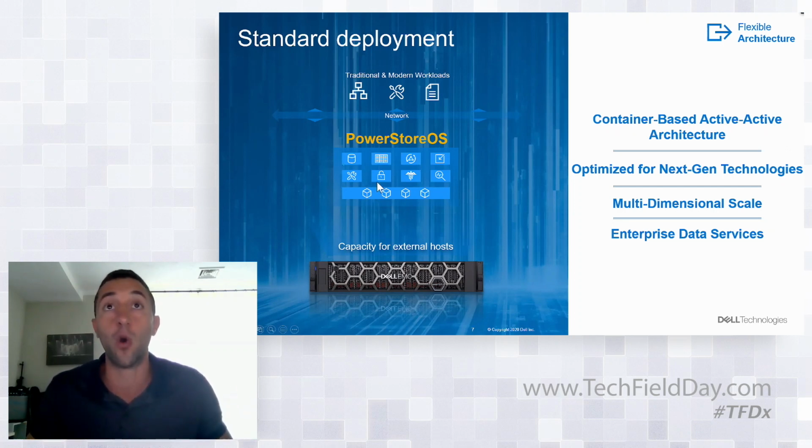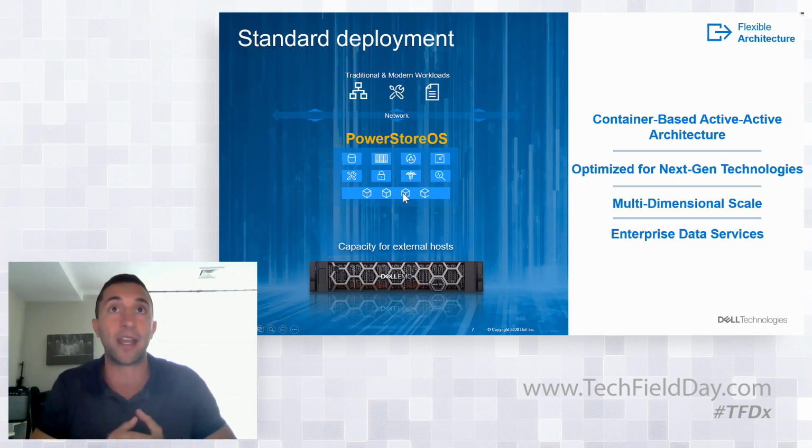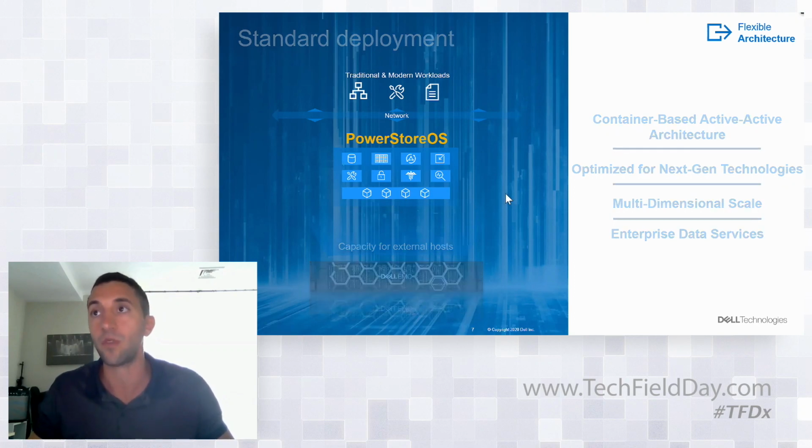The PowerStore OS, which is the brain of PowerStore, runs active-active on each of the two nodes, providing all the storage services that PowerStore provides, which is a container-based software stack.